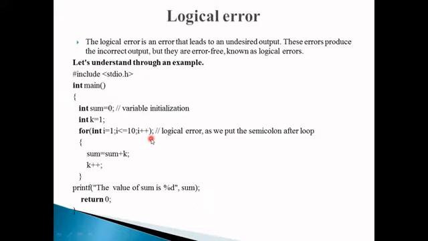Because it indicates the end of the statement, which means the loop does not work properly. That type of error gives undesired output. I hope you understand all types of errors: runtime error, linker error, logical error.